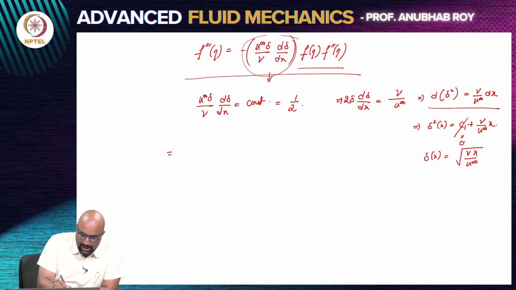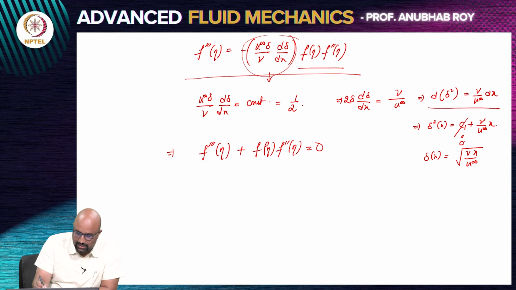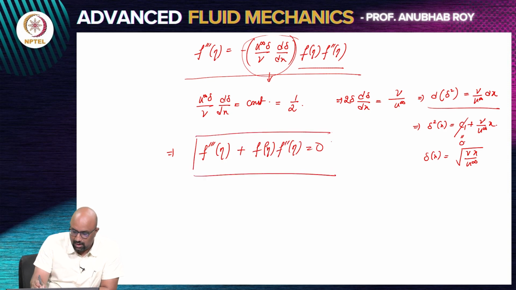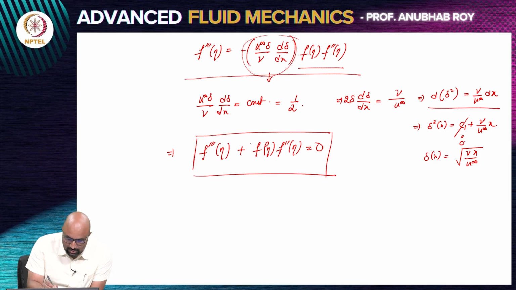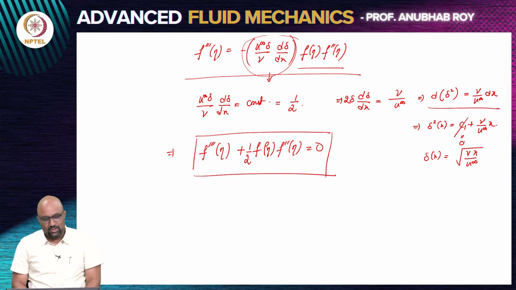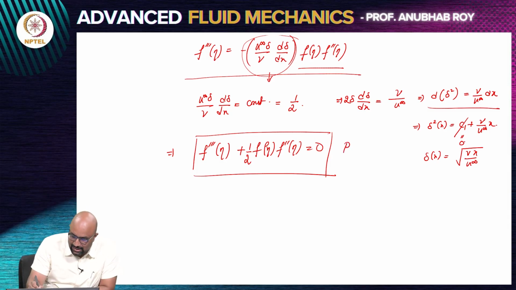And going back to our equation for the boundary layer variable, I can bring it to this side: f triple dash of eta plus half f of eta, f double dash of eta is equal to 0. So, this equation is known as the Blasius equation.